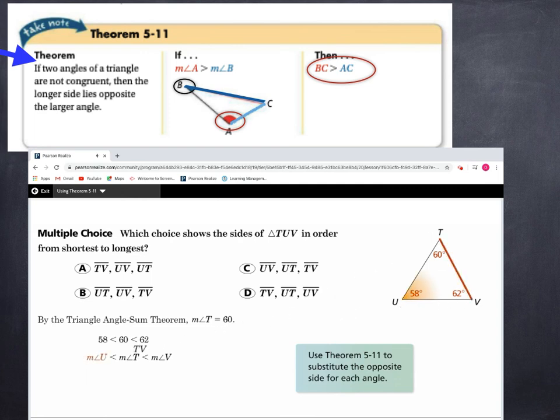Segment TV is opposite angle U. Segment UV is opposite angle T. Segment UT is opposite angle V. By theorem 5-11, the length of segment TV is less than the length of segment UV, which is less than the length of segment UT. Choice A is correct.